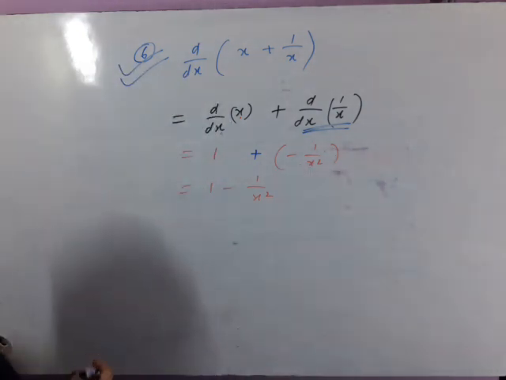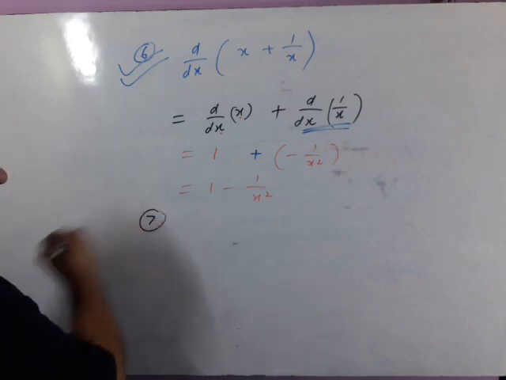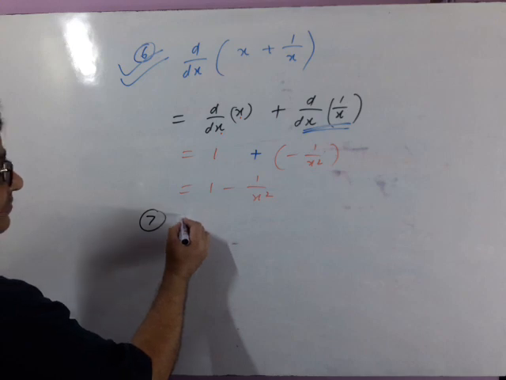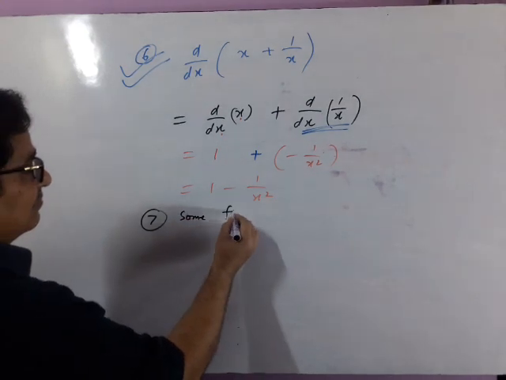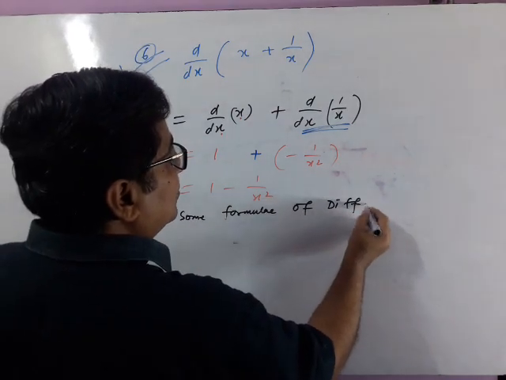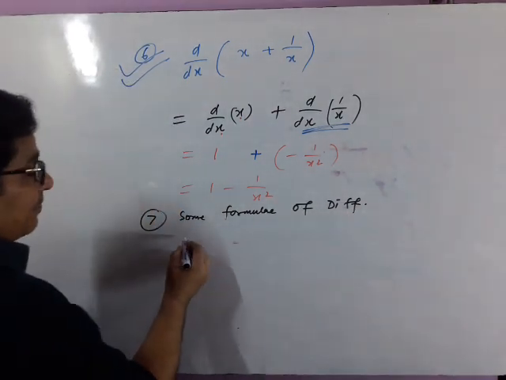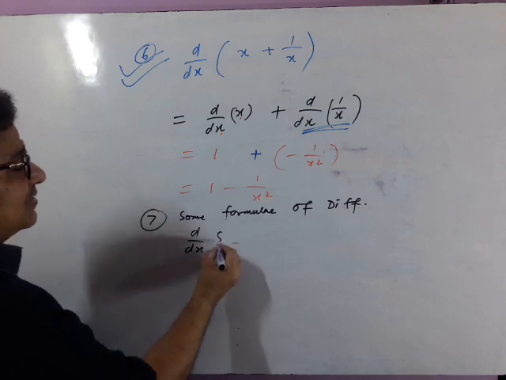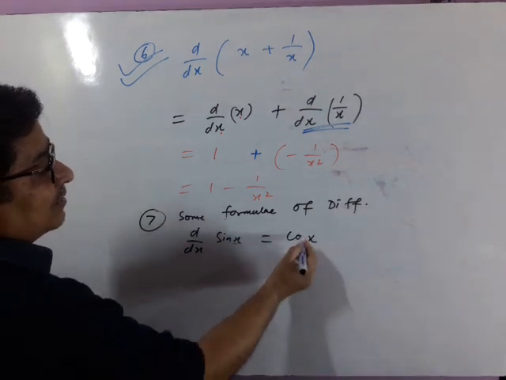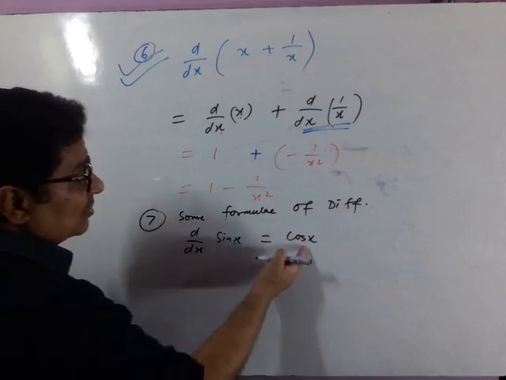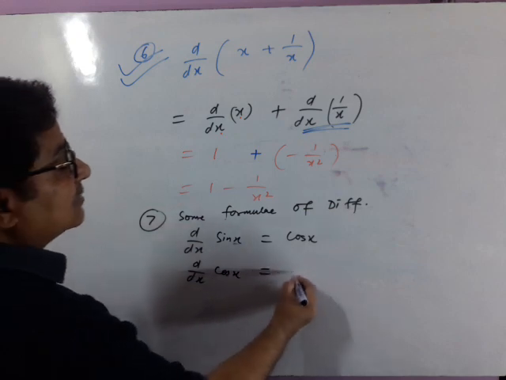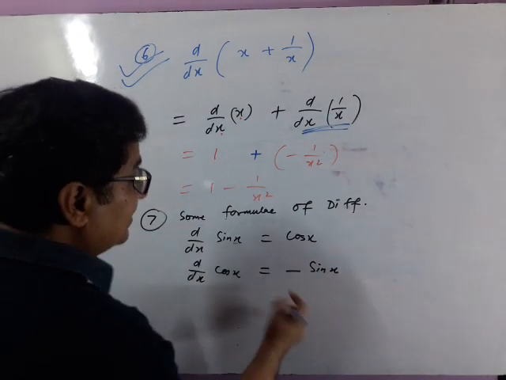Step number 7. Some formulas of differentiation. Differentiation of sin x is cos x. Remember this? Differentiation of sin x is cos x. Similarly, differentiation of cos x is minus sin x, with the minus sign.